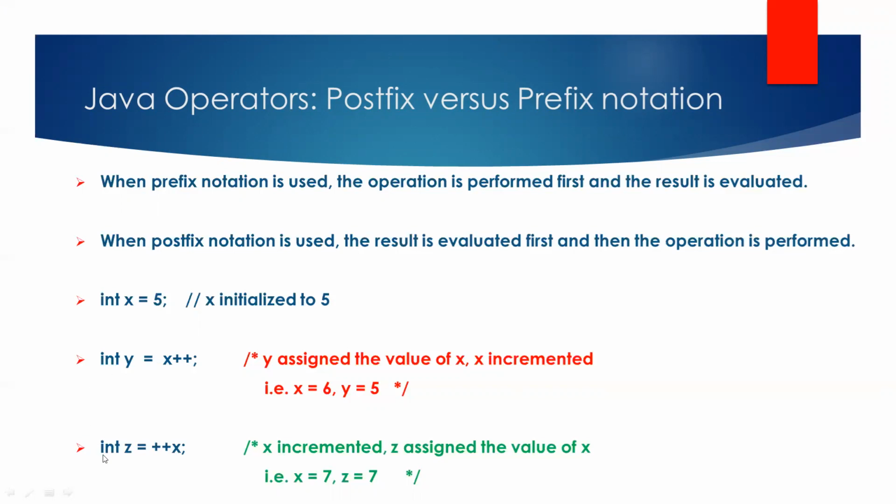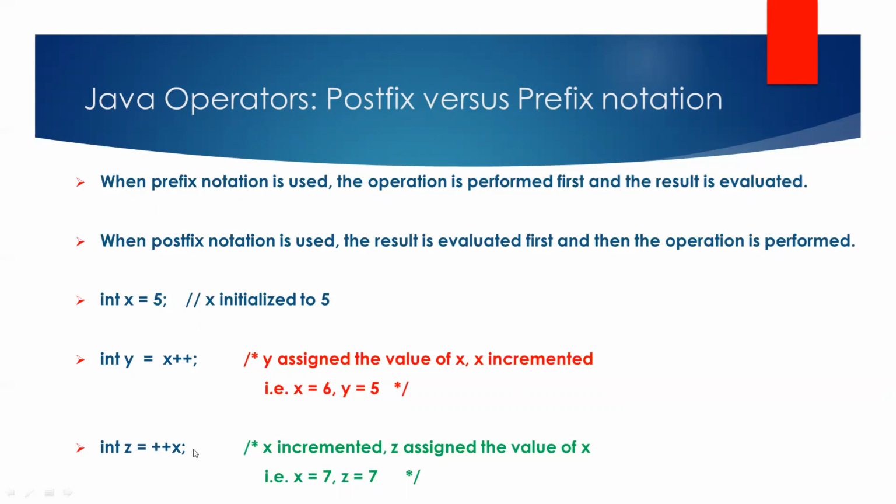And same, if I write int z is equal to plus plus x, it means we are performing the prefix notation, and prefix says the operation is performed first, that is increment or decrement. So here the increment will be performed first. So x will be incremented and x will now become 7, and now the result is evaluated.